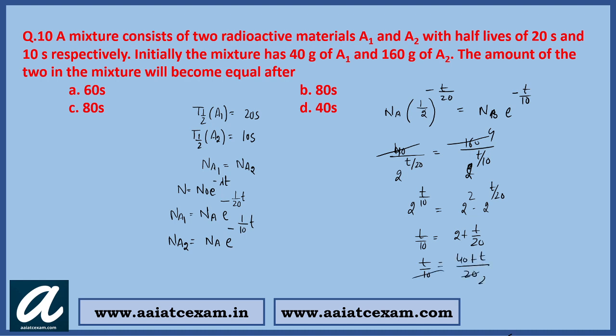Now this is 2, so 2t should be equal to 40 plus t, or 2t minus t should be equal to 40. From here you can see that t equals 40 seconds.